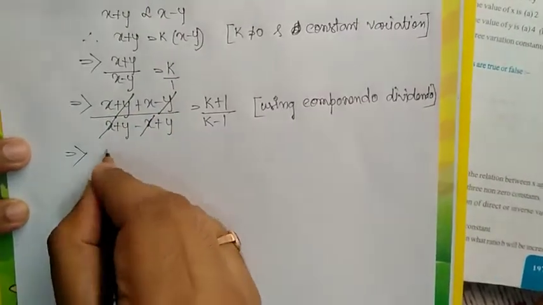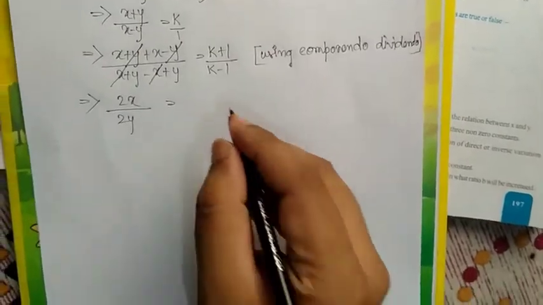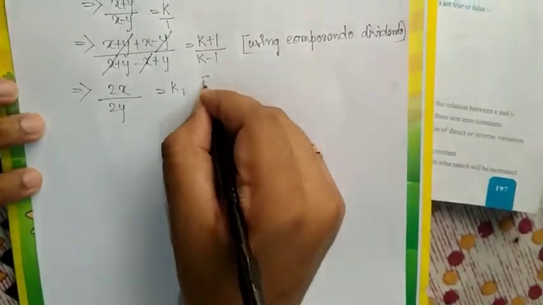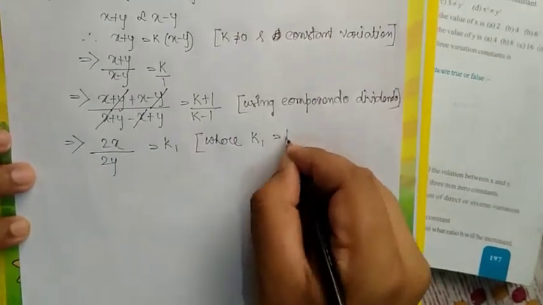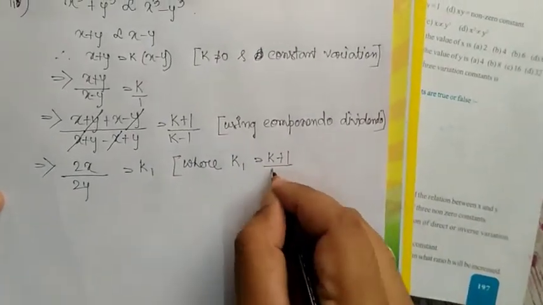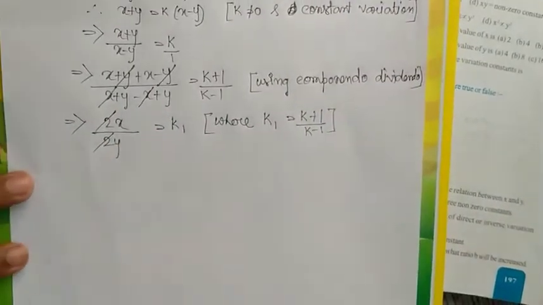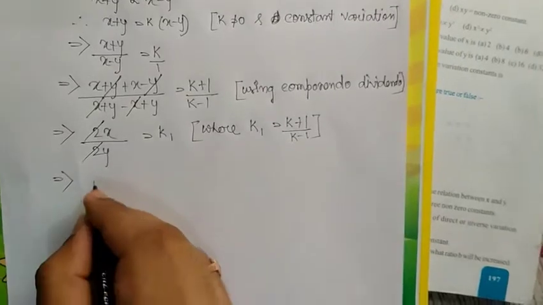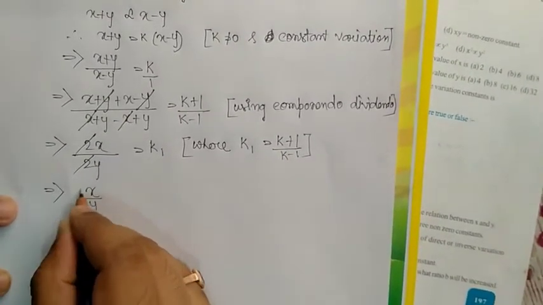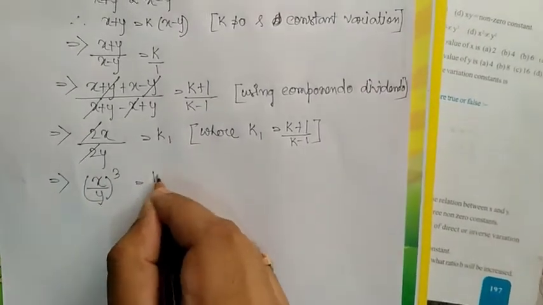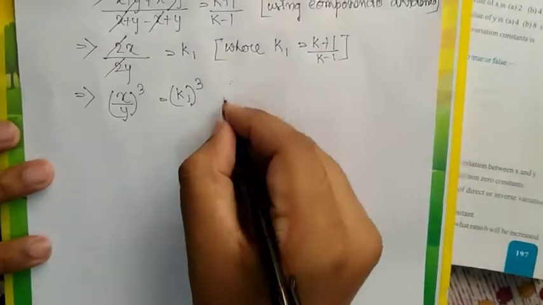First of all, x plus x is 2x, y plus y is 2y, equal to k1, where k1 equal to k plus 1 by k minus 1. Eliminate both of these, and after that, cubing both sides, we get x by y whole cube equal to k1 whole cube.